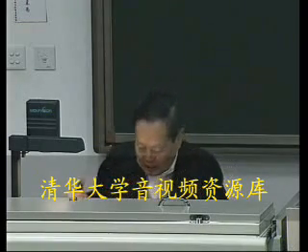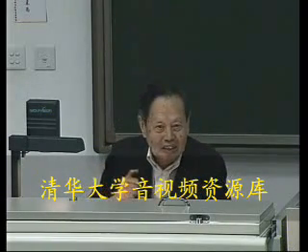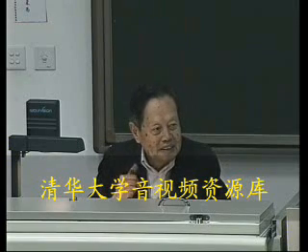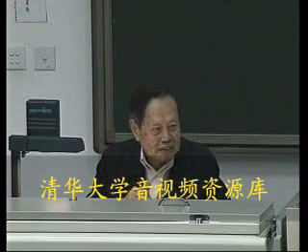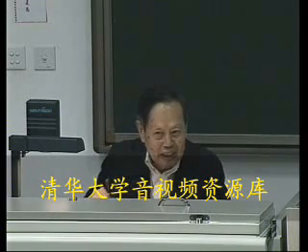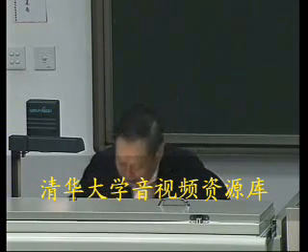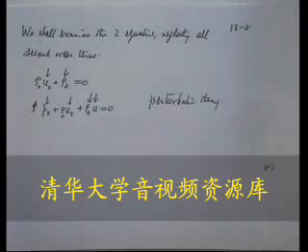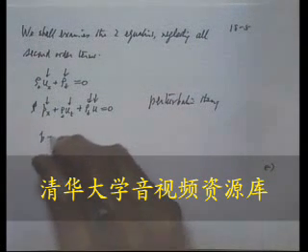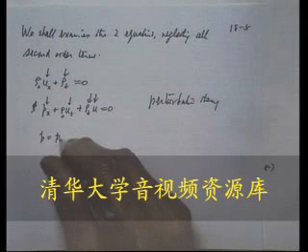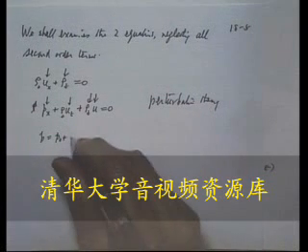So perturbation, the spirit of perturbation is one of the pervading spirit in applied mathematics. In this particular case, the perturbation theory is very simple. So now what do we do about the P? So we write P as P0 plus delta P.